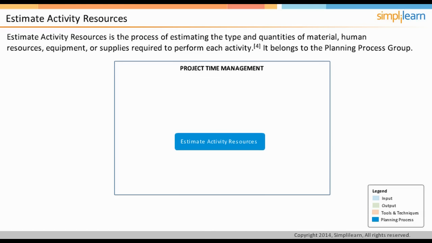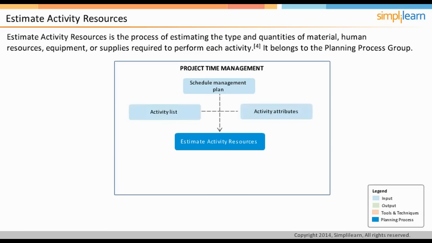Here, resources do not mean only the human resources, but include all other resources like equipment, raw materials, machinery, etc. Schedule Management Plan is the first input. Schedule Management Plan provides guidance in terms of methodology to be employed for many of the scheduling activities on the project. The other inputs to this process are an activity list and activity attributes that are the outputs of the time management processes. Risk Register is another input.